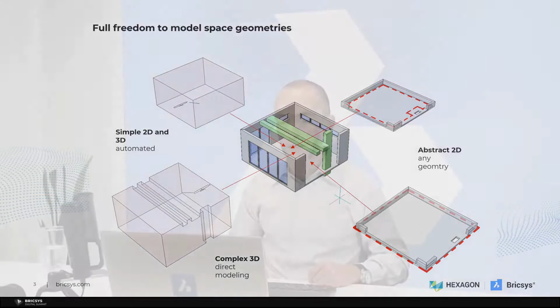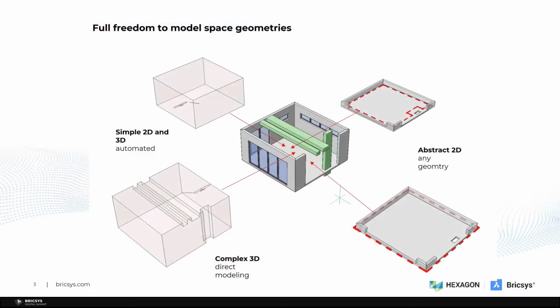Also, we can retain the parametricity of our 3D solids, which in this case are applied to model spatial geometries, and we can enjoy the full direct modeling capabilities that BricsCAD BIM is famous for. That's the model object part of the spatial element implementation.